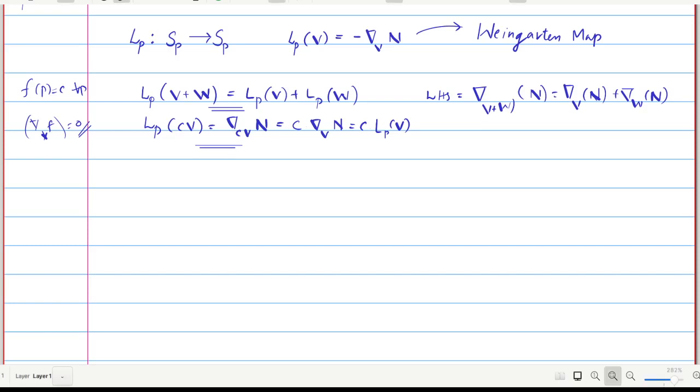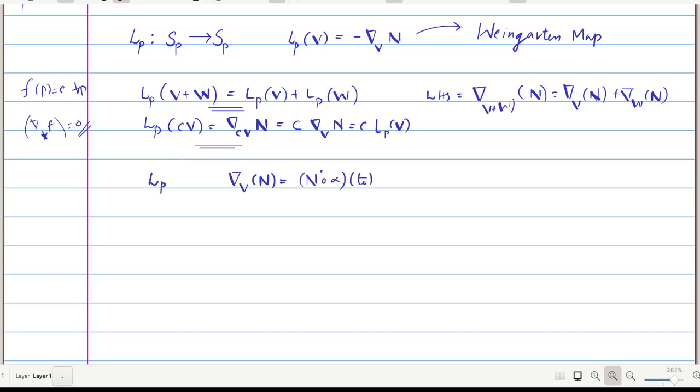The geometric meaning of this L_P can be seen from the formula that we have used, this ∇_V n. This ∇_V n is, by definition, the derivative of n composed with alpha at t naught.